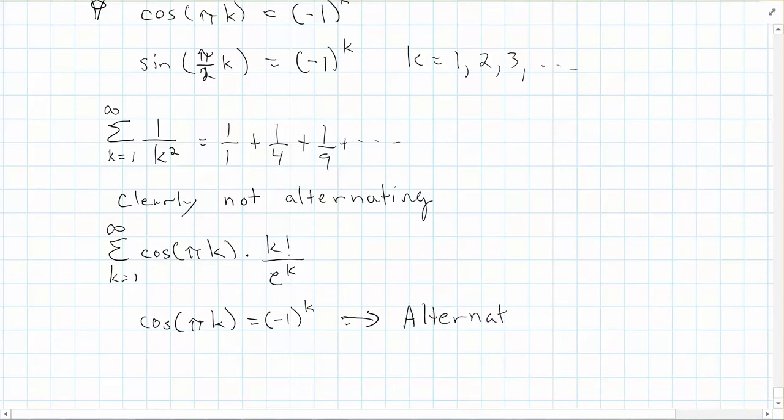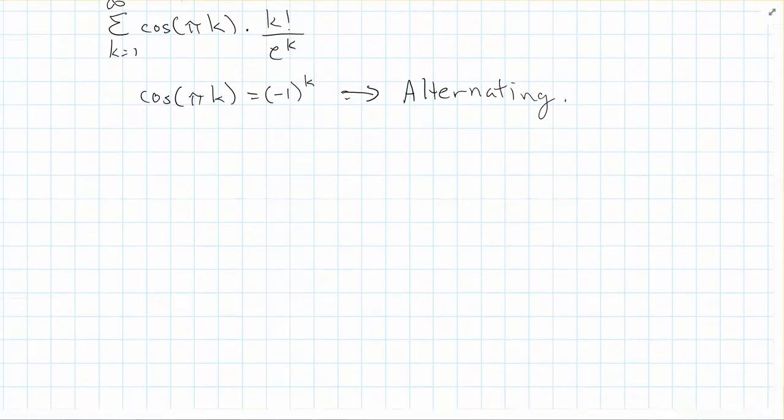So basically, you know it's alternating if you have a (-1)^k, or k plus 1, or whatever. As long as you have a (-1) to some k power, it's alternating. Alright.